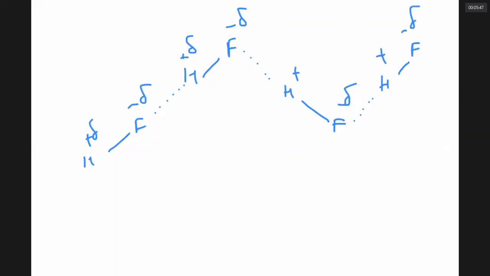Notice that HF is existing because of hydrogen bonding, as if it is linked to many other HF molecules. Even in gas phase, HF exists as a hexamer. In liquid phase and solid phase, millions of HF molecules are linked by hydrogen bonding.